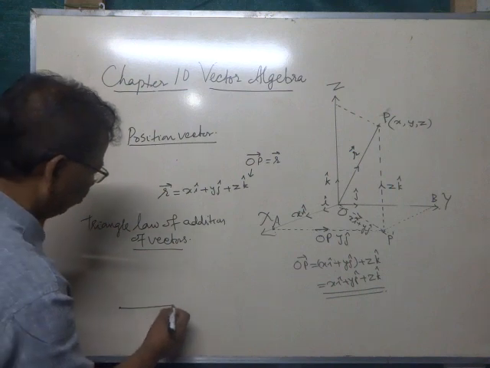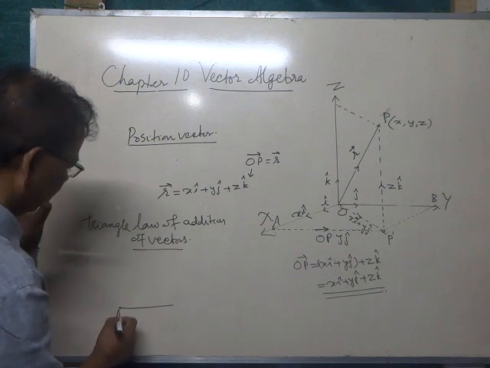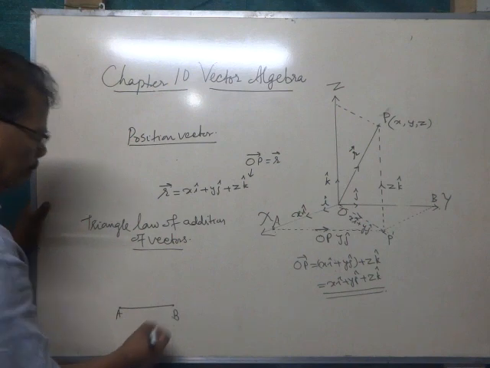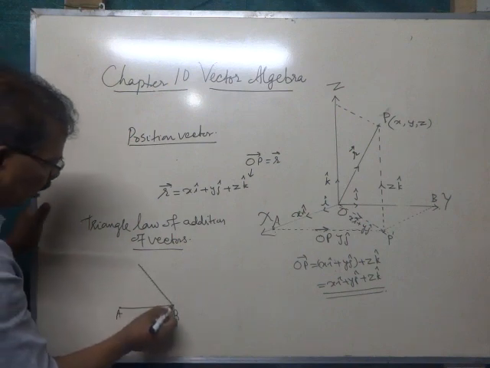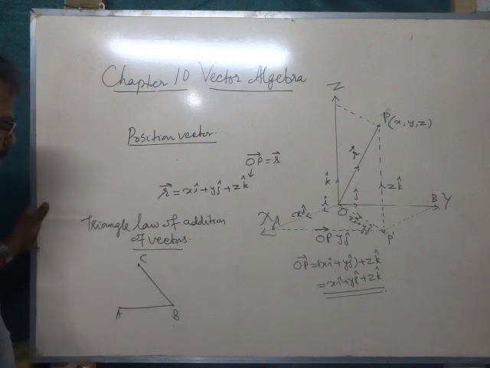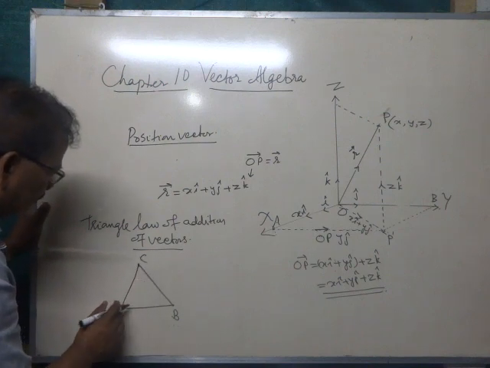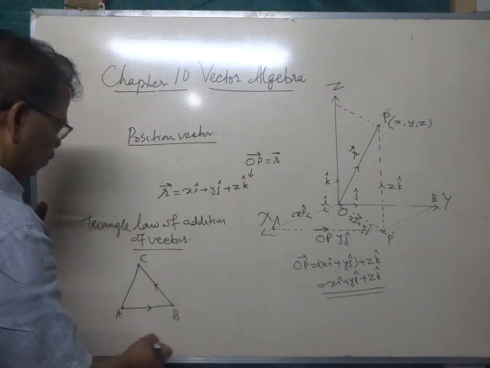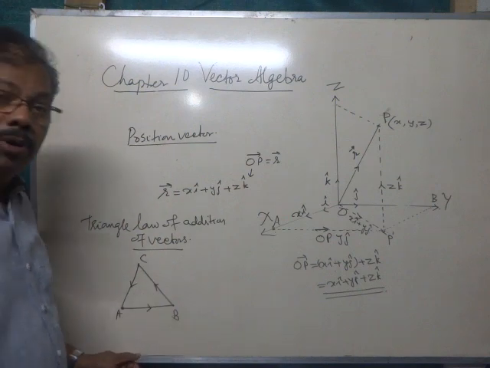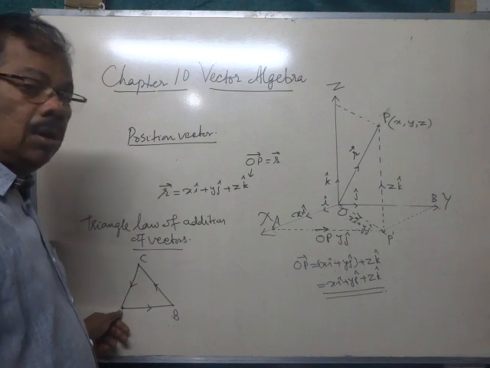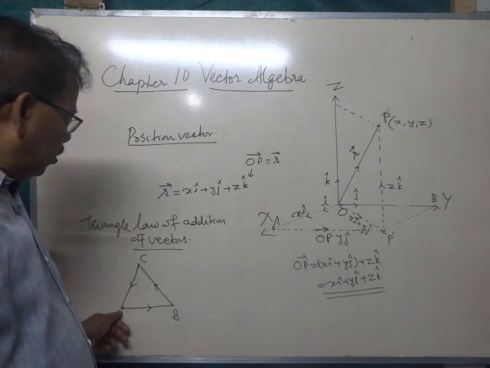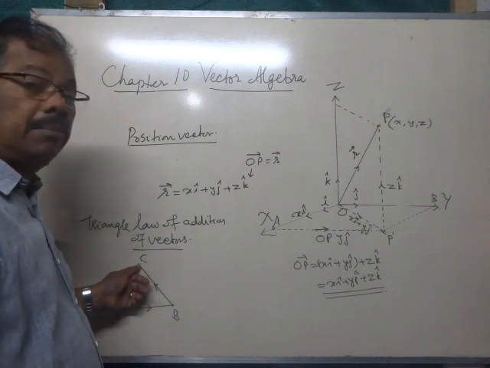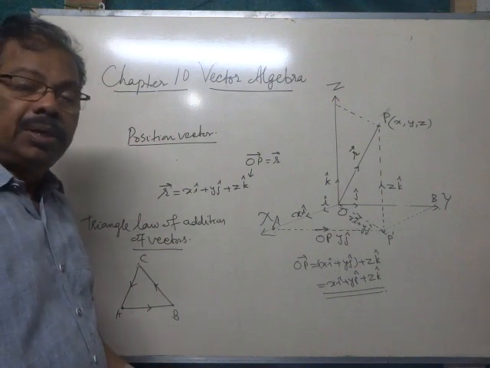Consider a point object stationed at A. In straight line motion, let it reach B. From there, let it reach C and then back to A. A point object stationed at A by straight line motion reaches B, from there it reaches C and then back to A. Then net displacement is 0.